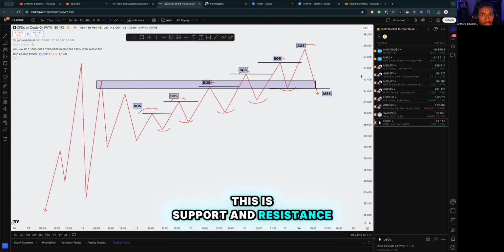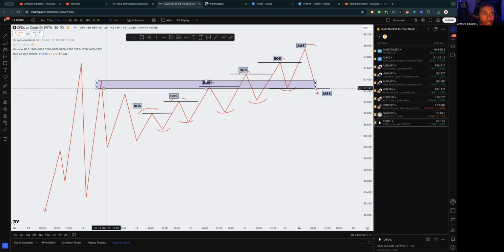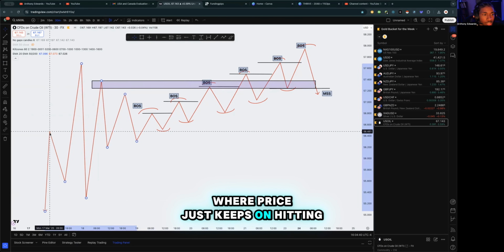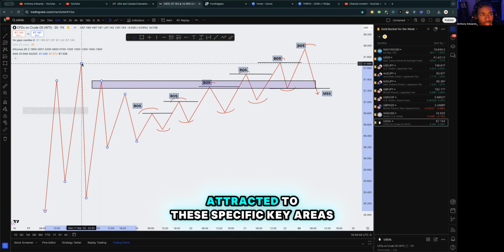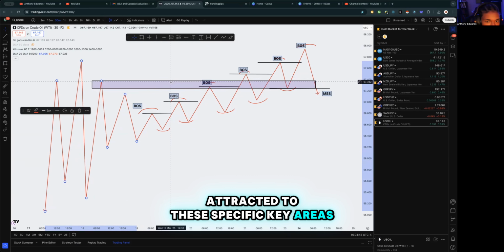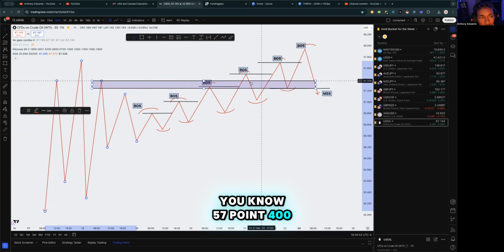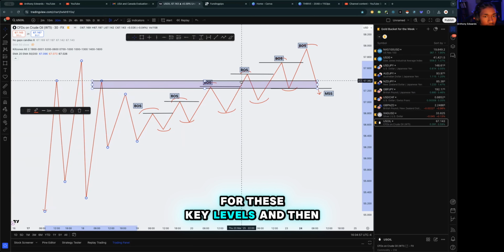This is support and resistance. So you're going to see there's a key area where price just keeps on hitting. It seems like price is attracted to these specific key areas around, call it like, 57.400. Now, support and resistance people are going to be looking for these key levels.